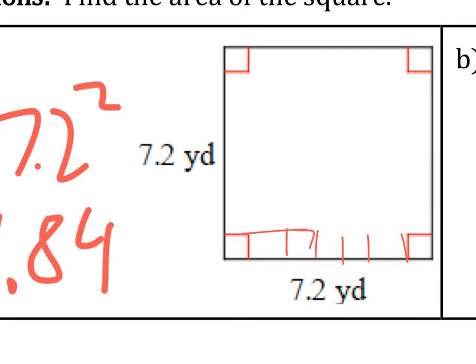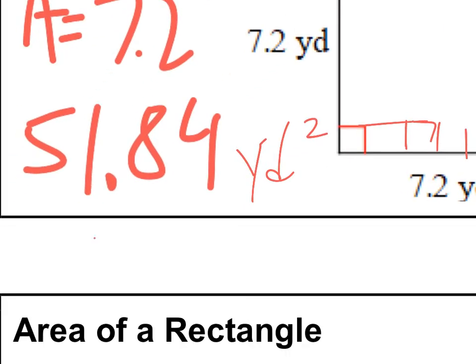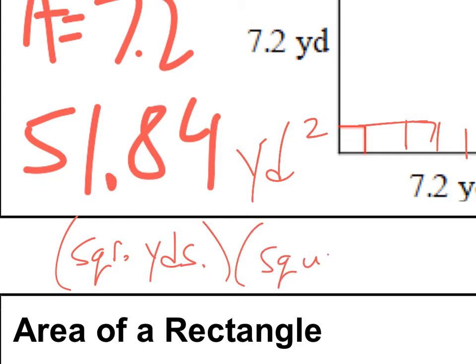So we can write that as yards to the second power, or sometimes we abbreviate it as SQR yards. That's another way to write it, or we could just write it out, square yards. Kind of some common ways to do that.